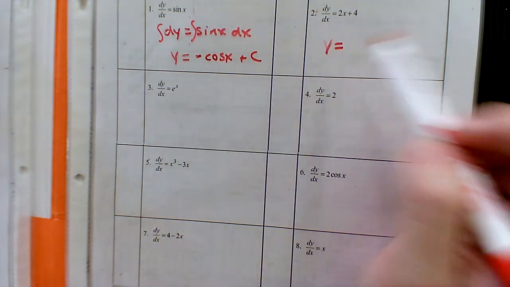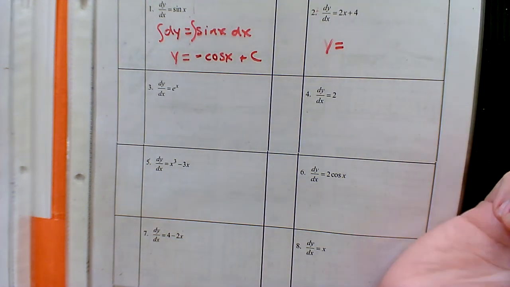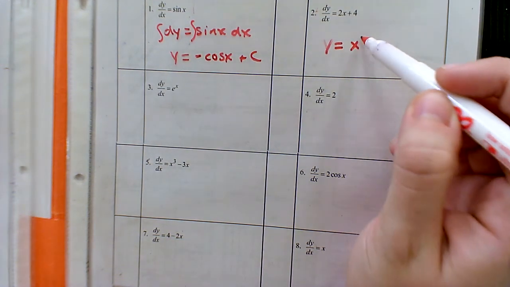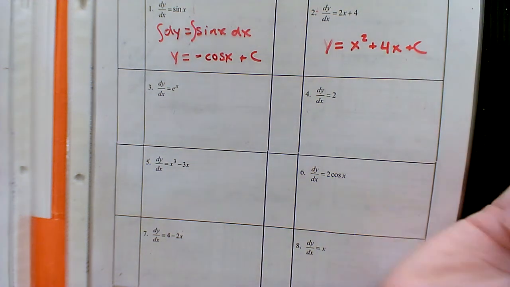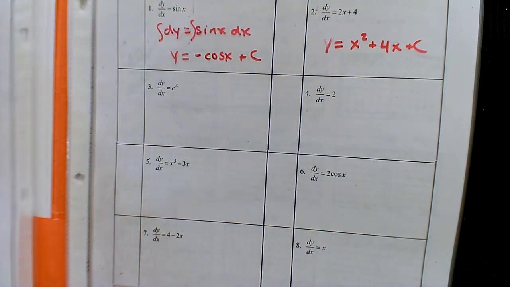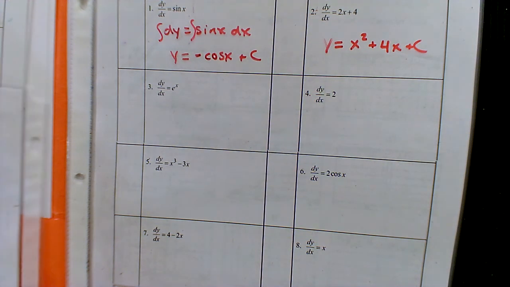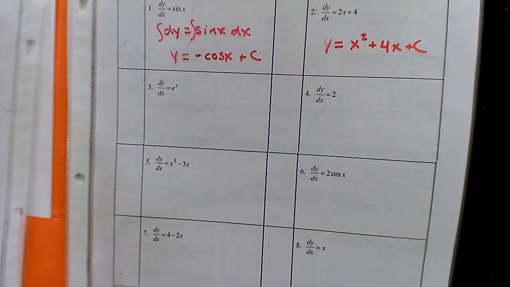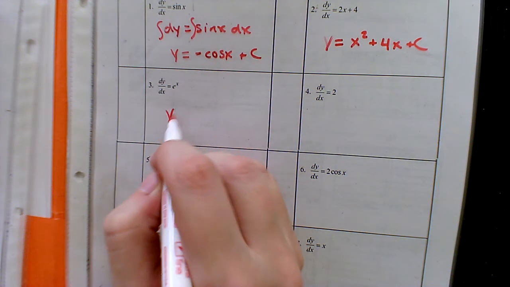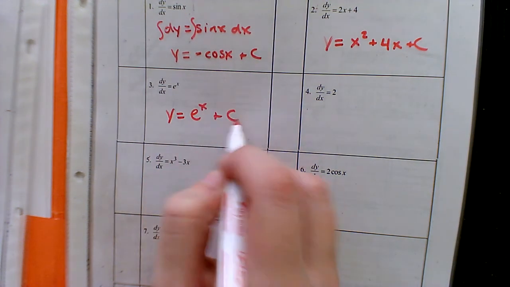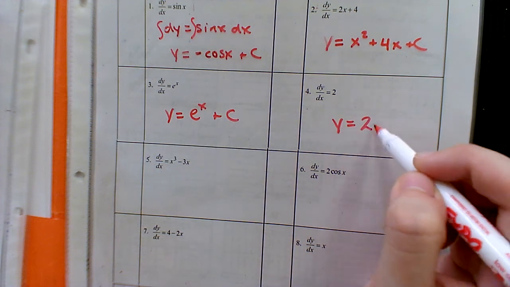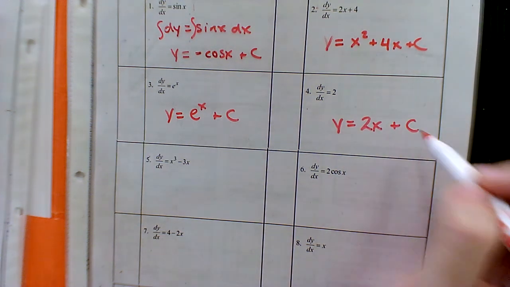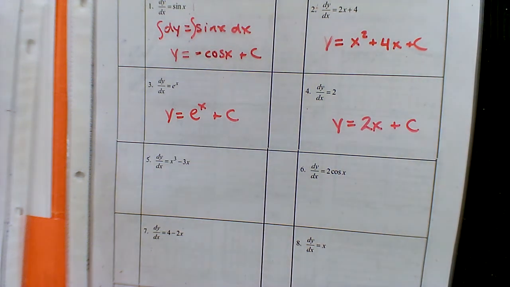What about the next one? If we work backwards from 2x plus 4, be x squared plus 4x, and then plus c. Let's see, if we work backwards from the next one, we get e to the x. Backwards from 2, we get 2x.